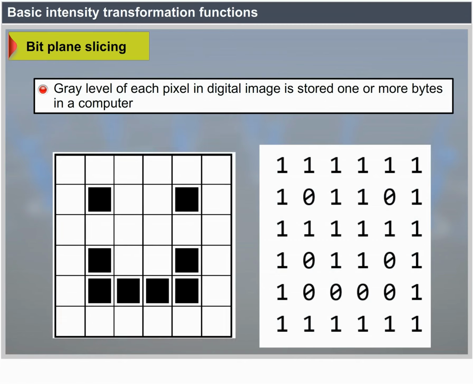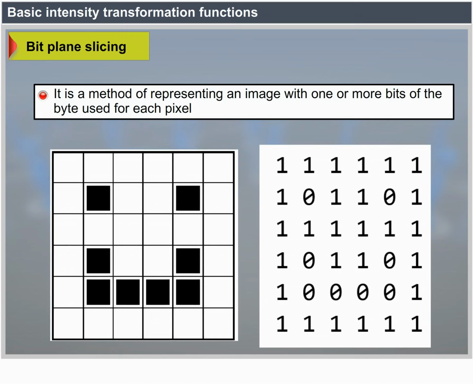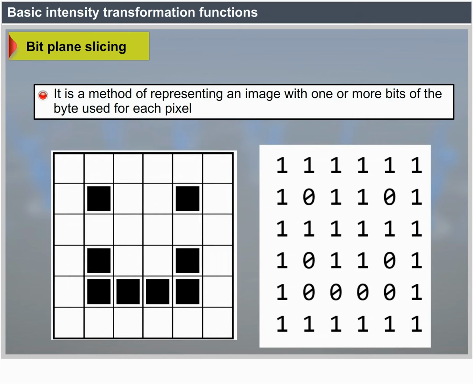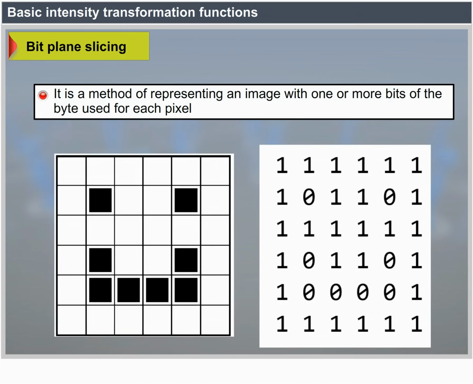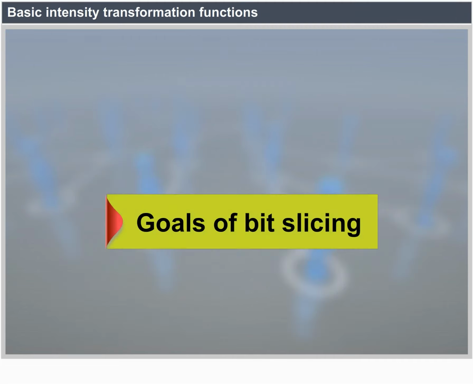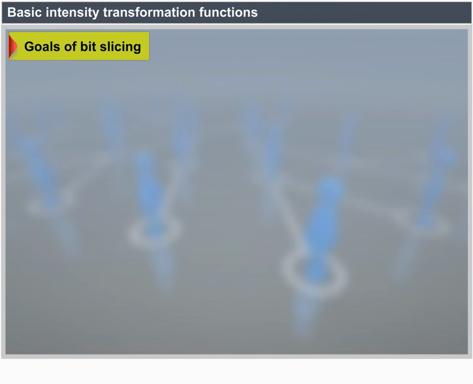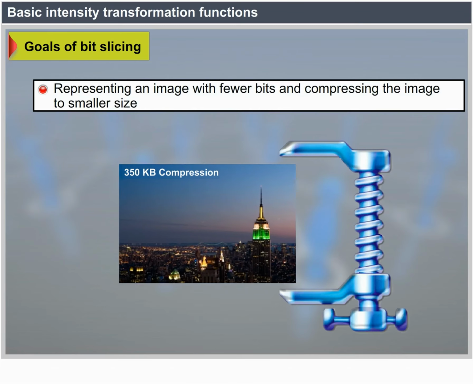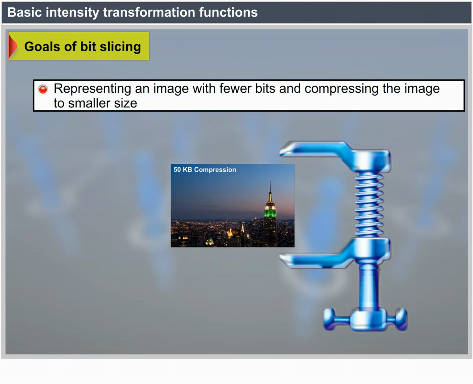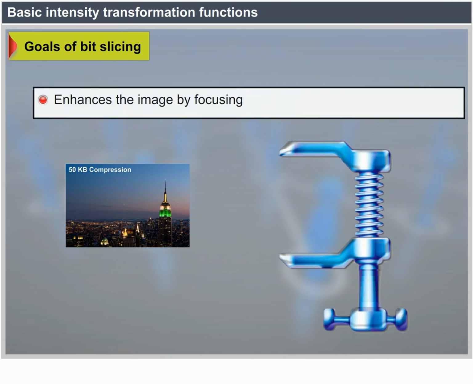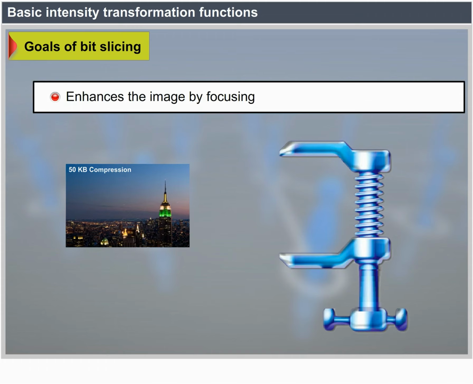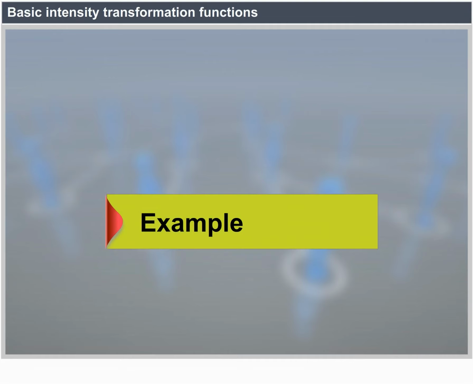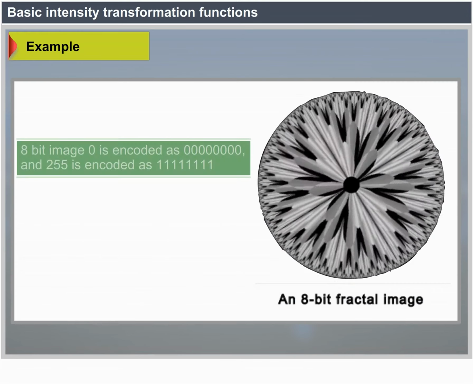Bit plane representation of a digital image. For example, in an 8-bit image, 0 is encoded as 00000000 and 255 is encoded as 11111111. Any number between 0 and 255 is encoded as 1 byte. Most significant bit, MSB. As shown in the figure, the bit on the far left is referred to as the most significant bit, MSB.